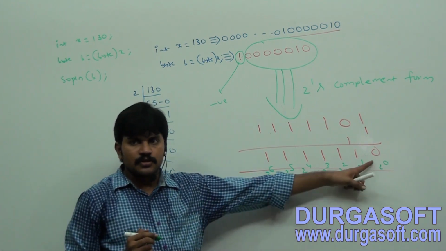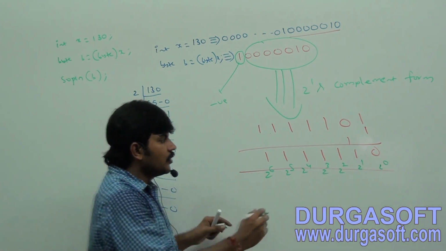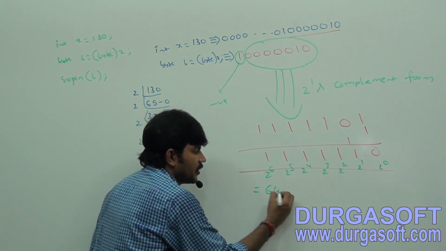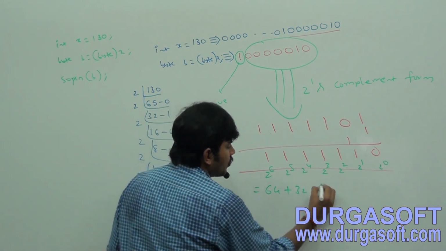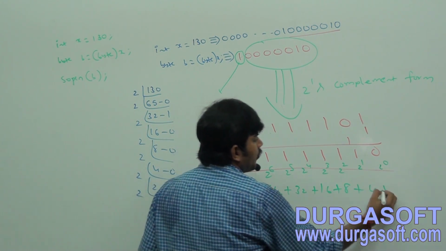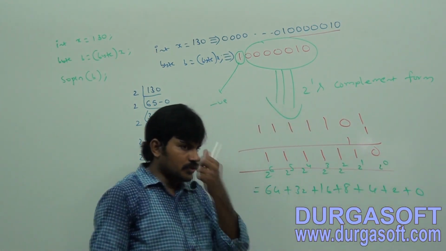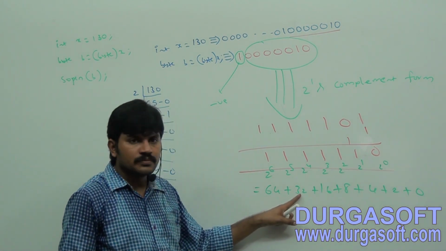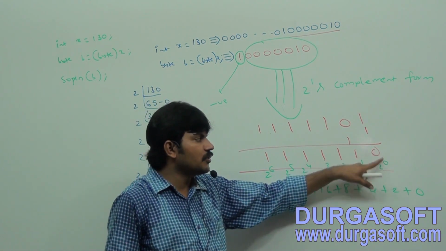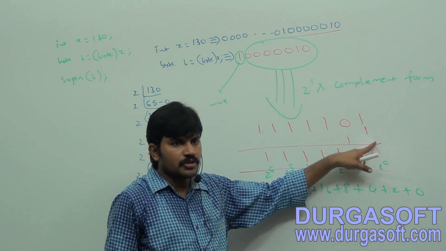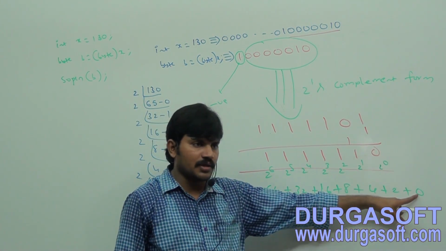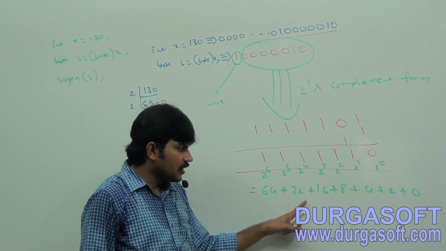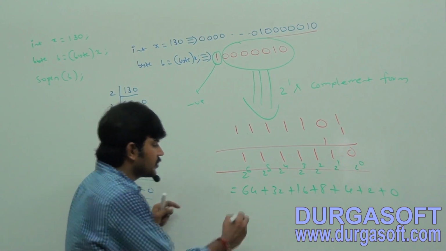Now 1 into 2 power 6: the values are 64, 32, 16, 8, 4, 2, 0. Can you please add them? 64 plus 32. Here the last one, 0 into 2 power 0 means 1, 0 into 1 will become 0 only. So 64 plus 32 is 96. If you count this, what is the answer?